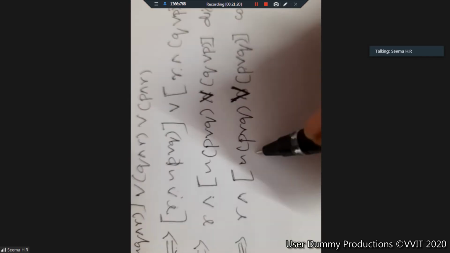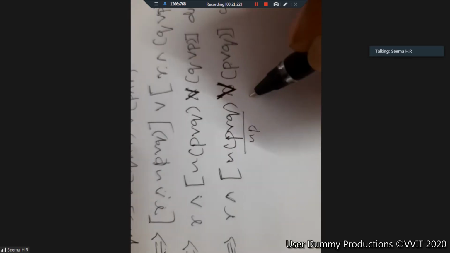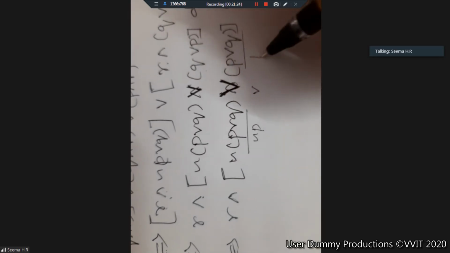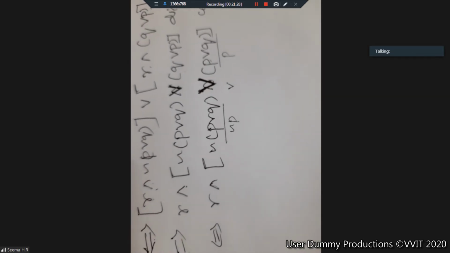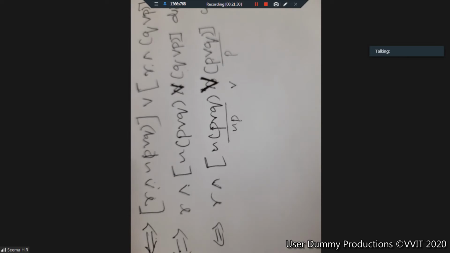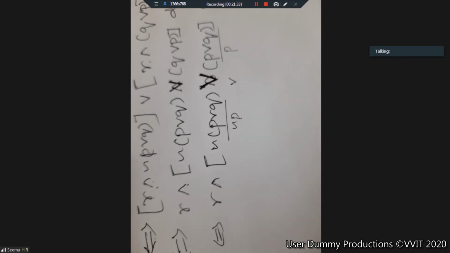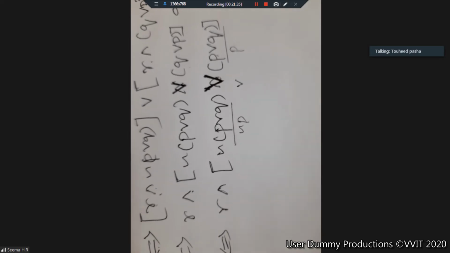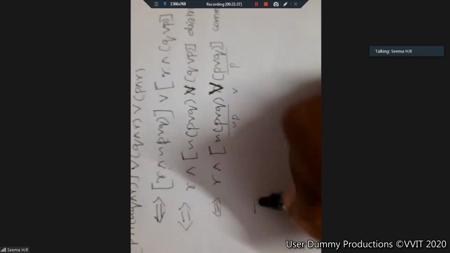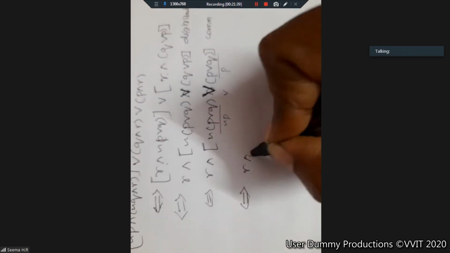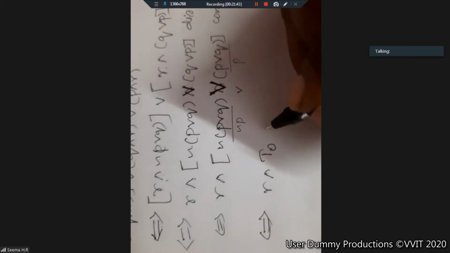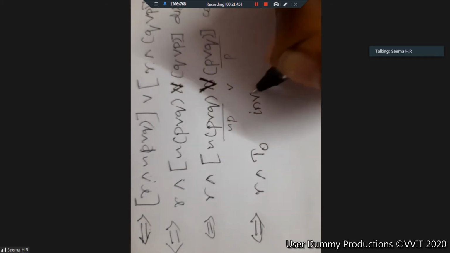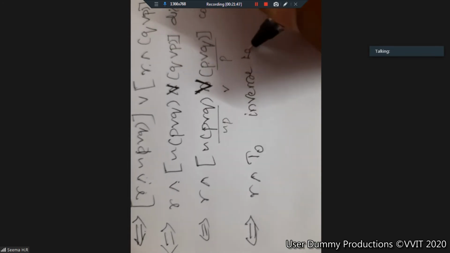Now see here, this can be compared with negation of P. This is R. This can be compared with P. What is negation of PRP? P. What is that? True. Correct. This is because of inverse law.